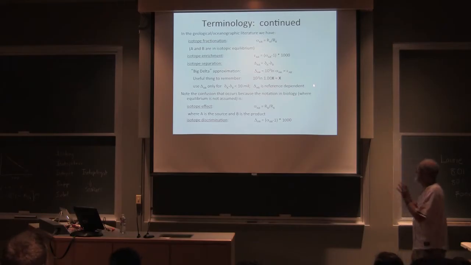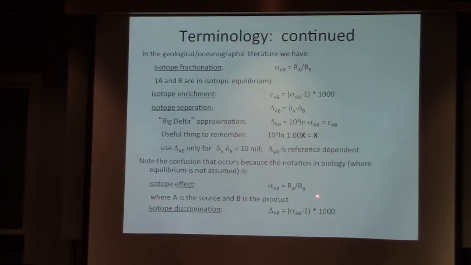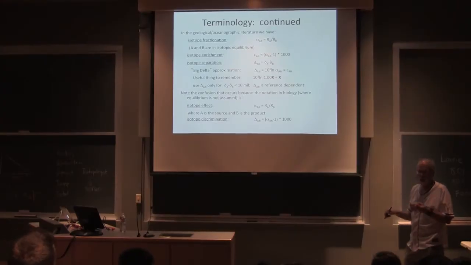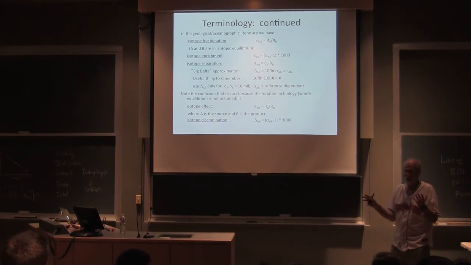Okay? Now, about 30 years ago, I think it was when it became real easy to analyze samples, the biological community developed a parallel terminology. Alpha was equal to A, ratio A divided by B, but not in isotope equilibrium. So it's just comparing two things that may or may not be in isotope equilibrium.